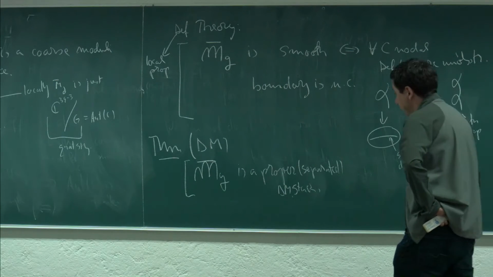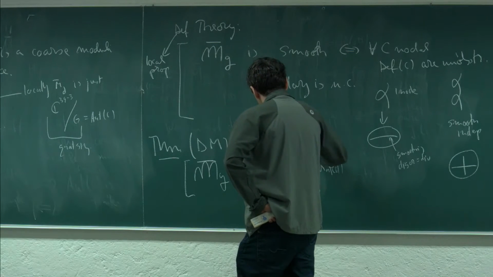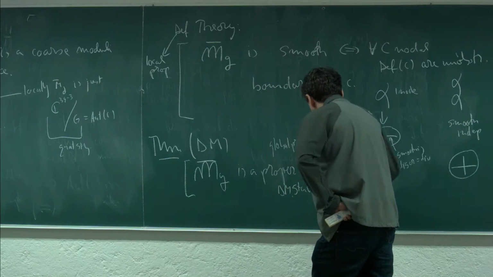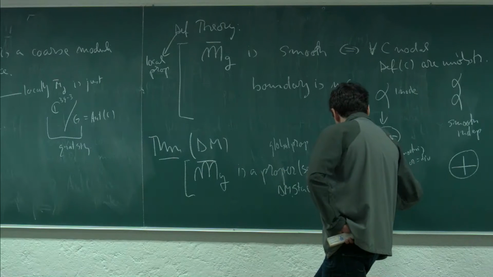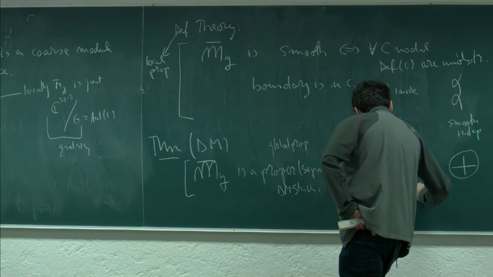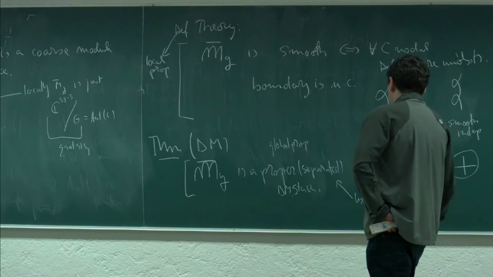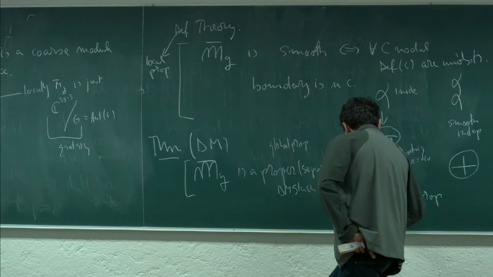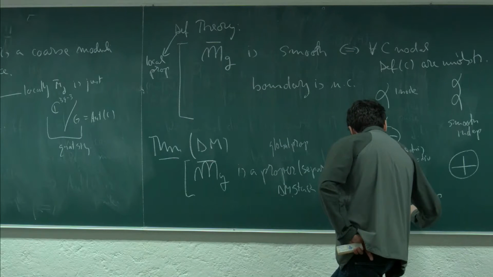And this is like a global property. This is proven by using the valuative criterion of properness and semi-stable reduction, in the sense of curves, not GIT.